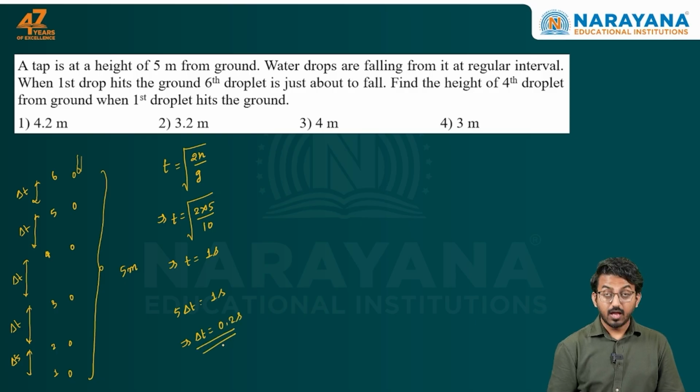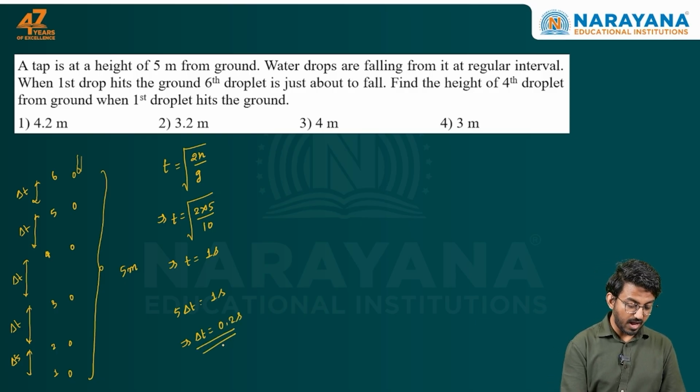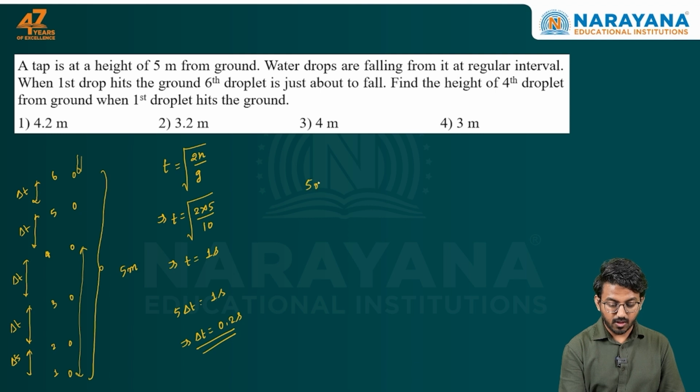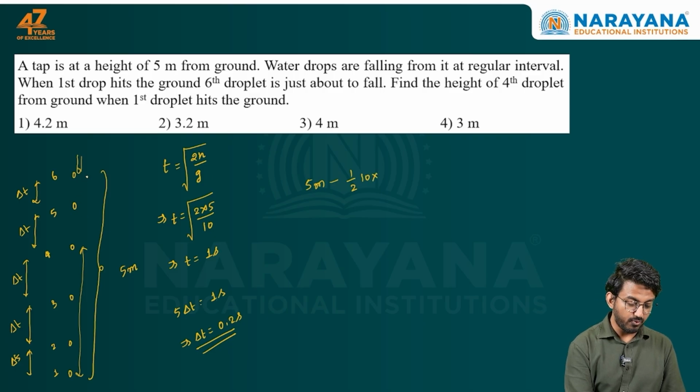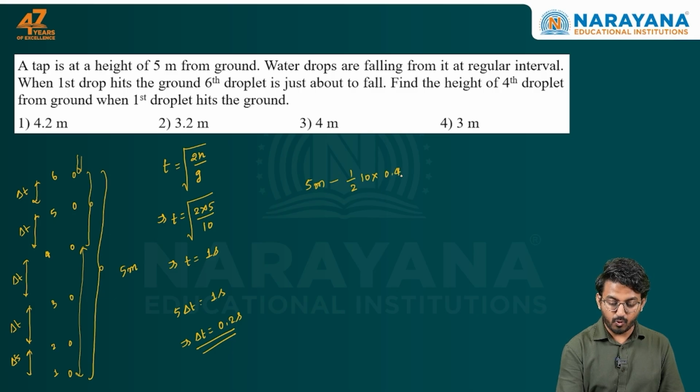second. Now keep in mind here they are asking for what is the height from the ground of the fourth droplet. So this height is going to be total 5 meter minus the height fell by the fourth drop, which is half gt square, g is 10, and time taken by the fourth drop is going to be 2 delta t here, which is 0.4 second square.